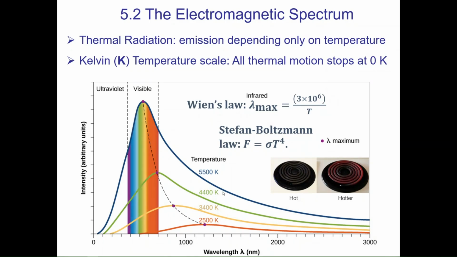But when we increase the temperature, you can imagine the higher the temperature, the faster, or higher the frequency, the charged particles like electrons wiggle inside the object. You can see it starts to emit higher frequency light.